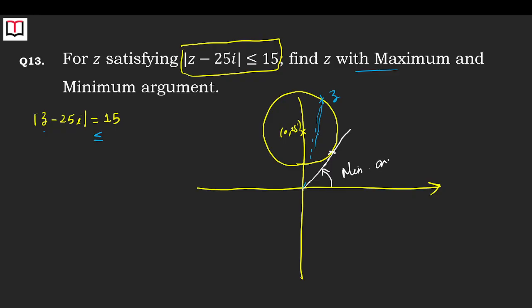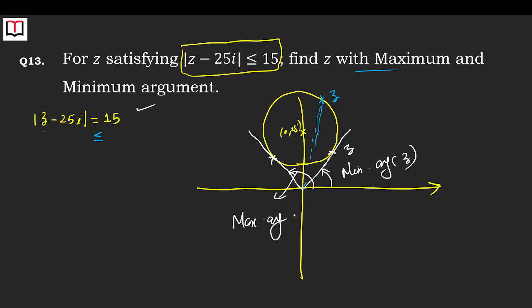So this angle is the minimum argument of z satisfying this given condition, and for maximum it will be touching on the other side, so this will give us the maximum argument. I think all of you will agree.